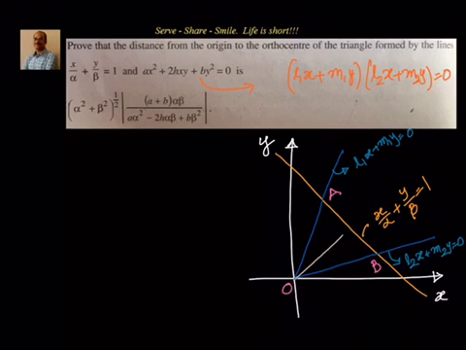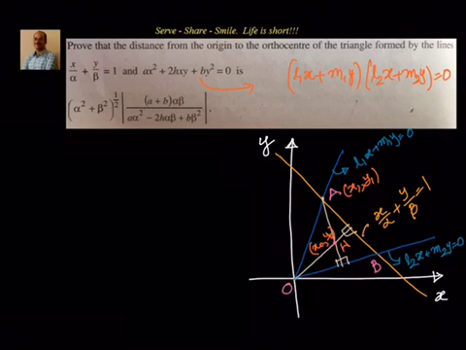So this is one altitude, there is another altitude, and this is the orthocenter. Let's give the coordinates names. Let us say A is (x1, y1), and this we call the orthocenter. We can take any name for that, let us say H, with coordinates (x0, y0).